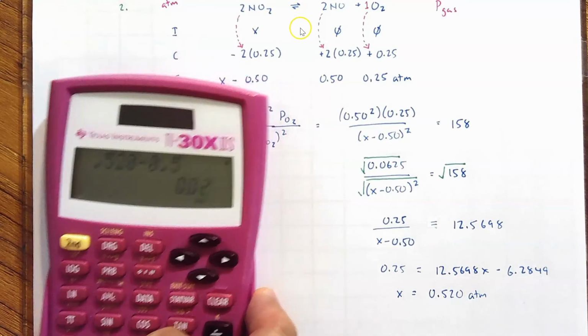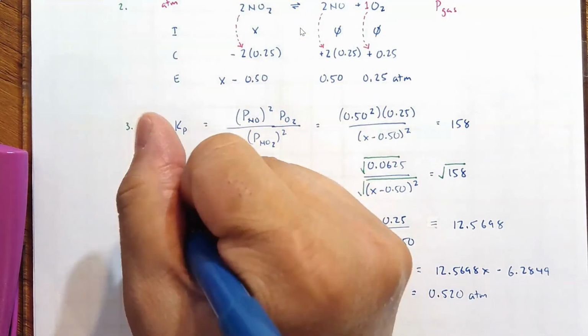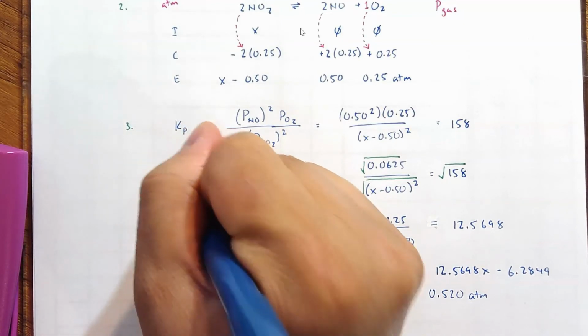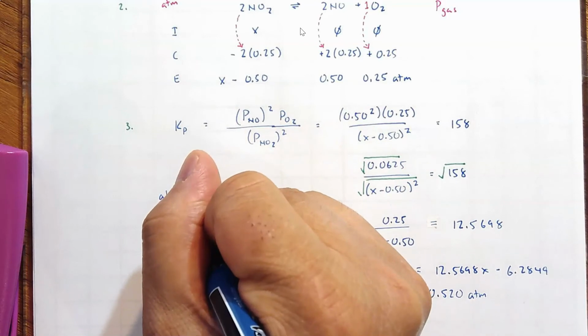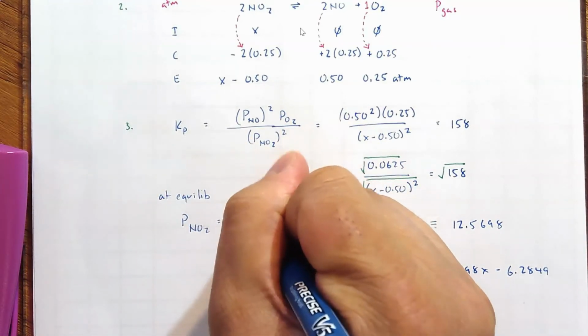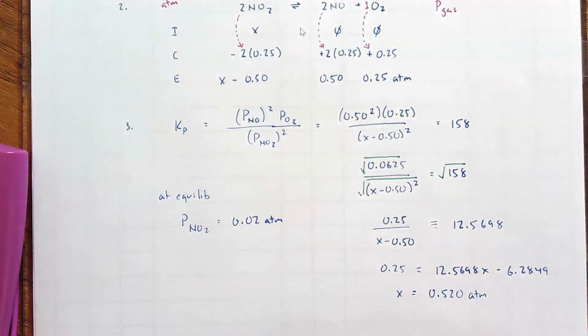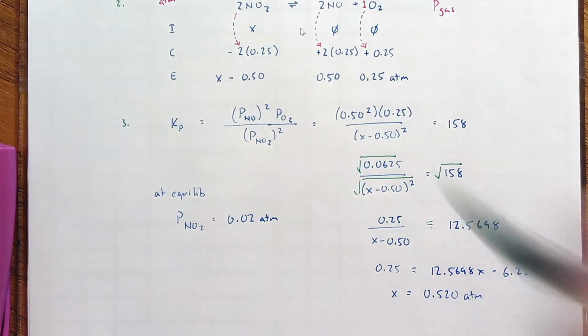We have 0.02 atmospheres. This is all at equilibrium. The partial pressure of NO2 equals 0.02 atm.